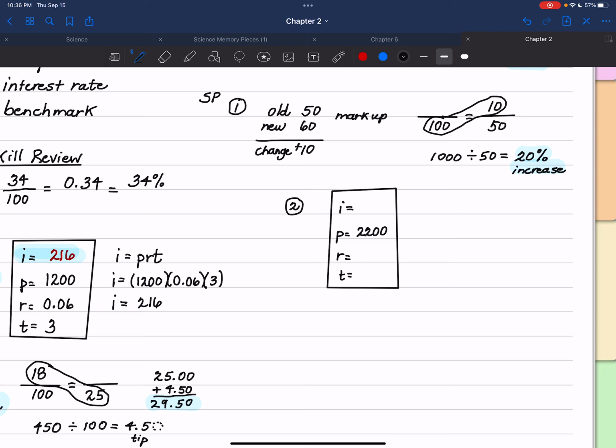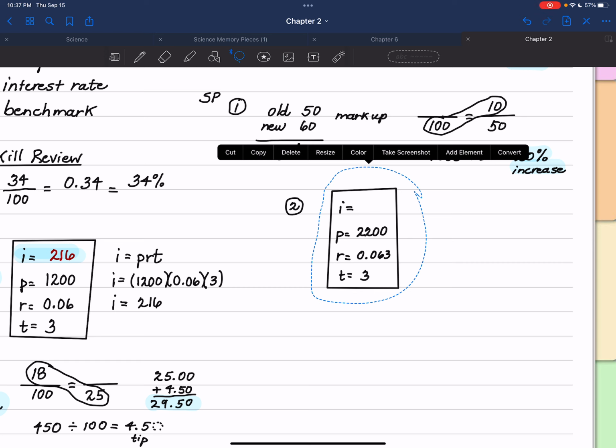They have 2 simple interest loans she can choose from. One is a 3-year loan with a rate of 6.3. Again, divide that rate by 100 if you need to. So this is one option.